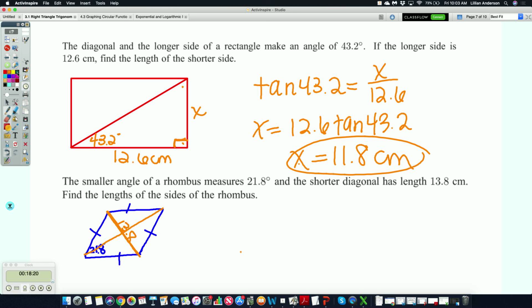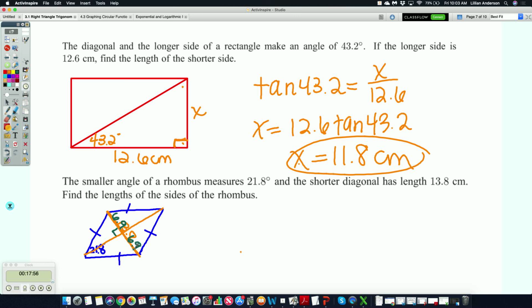Remember, the diagonals of a rhombus intersect to form 90-degree angles, and they also bisect each other. So that 13.8 actually turns into what? 6.9 on both sides. Okay? Now the diagonals also, I didn't mention this, but I wonder if anybody picked up on it, does what to this 21.8 angle?